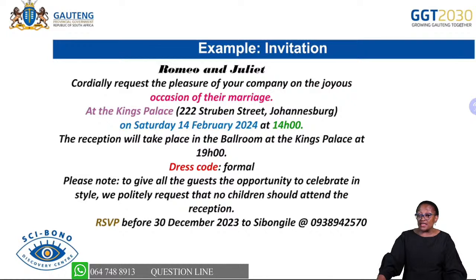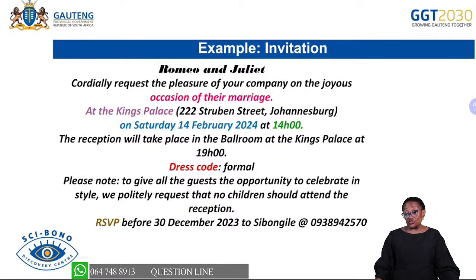Let's move on to another example of an invitation. This one, the nature of the event is a wedding celebration, and it comes from Romeo and Juliet. It reads as follows.